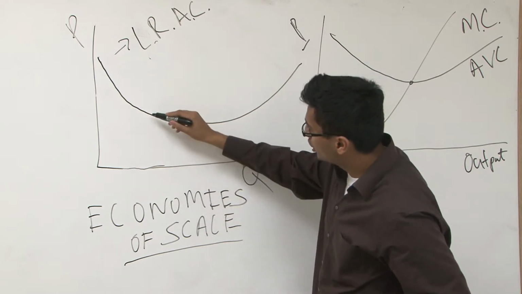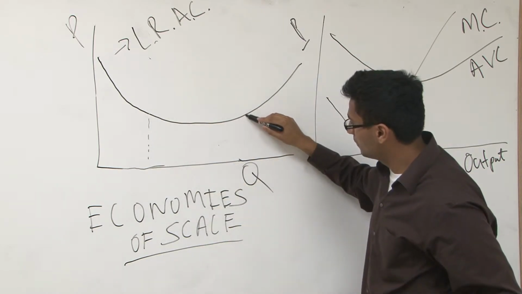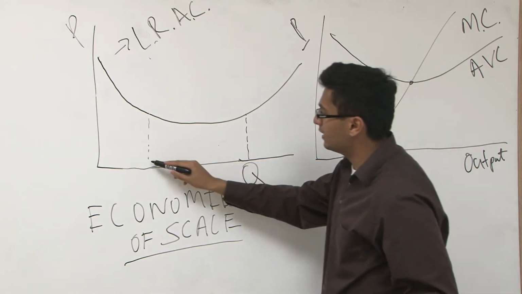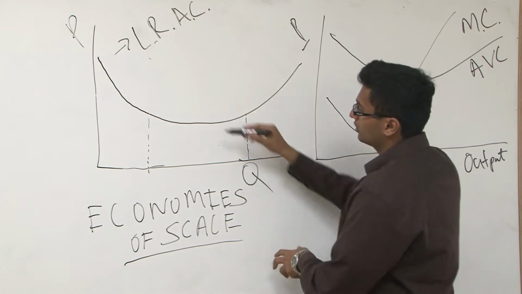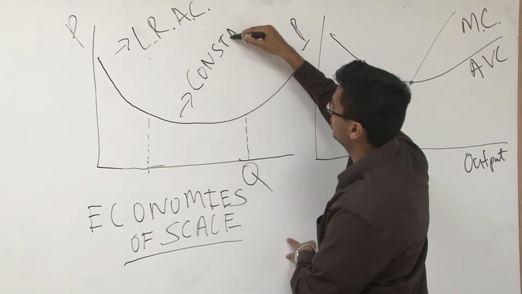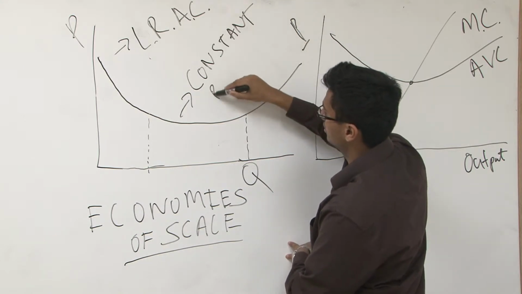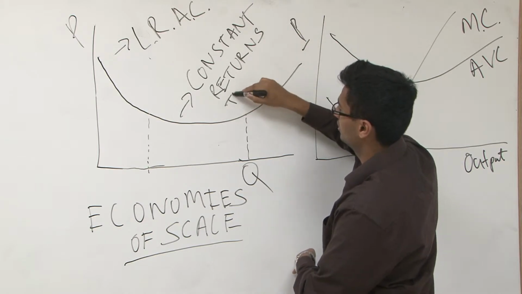Okay, so let me divide it up. This flat area here, where the parabola sort of flattens out, this is called constant returns to scale.